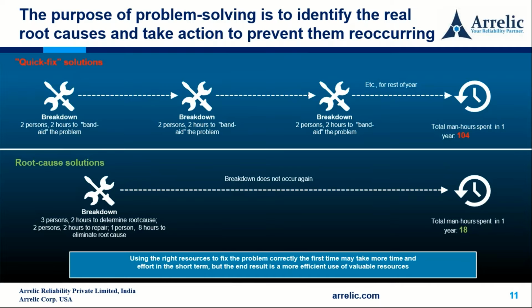But this 18 hours is all the time we spent to fix the problem compared with 104 hours spent in the previous quick fix solution approach. So focusing on root cause solutions, yes, takes us longer, but in the long run gives us much improved savings. And look at this example, 18 hours compared with 104 hours.